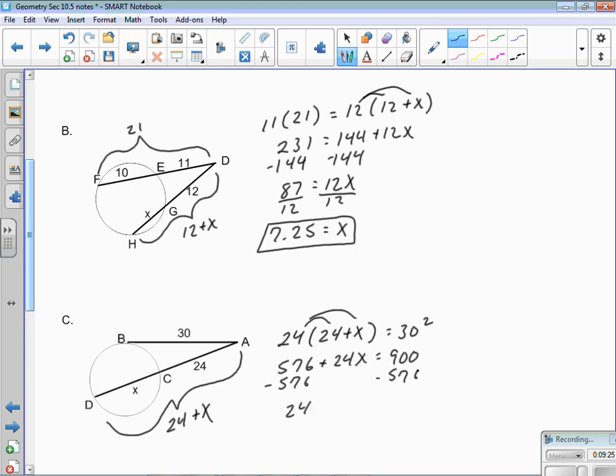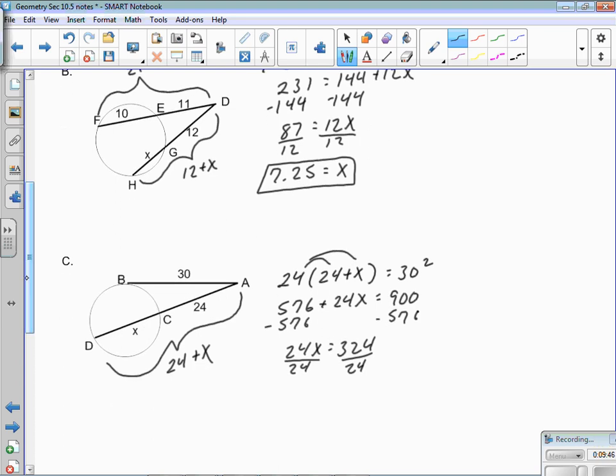It's 24x equals 324. And divide by the 24. That gives us x equals 13.5.